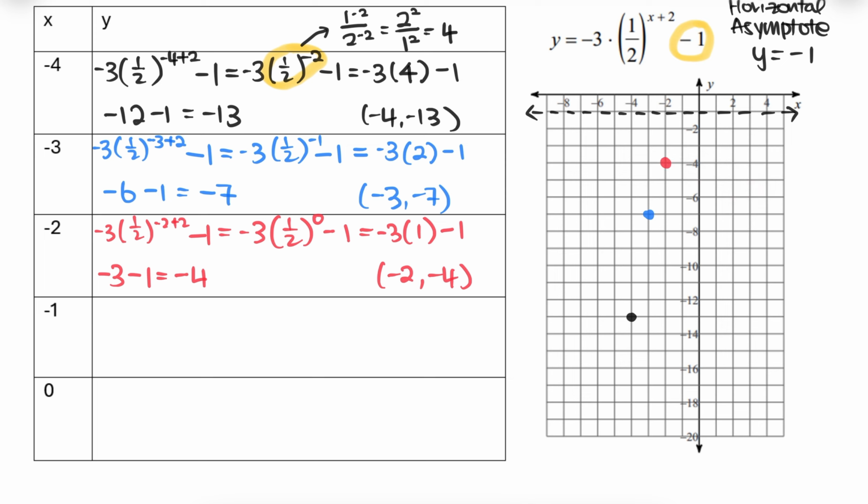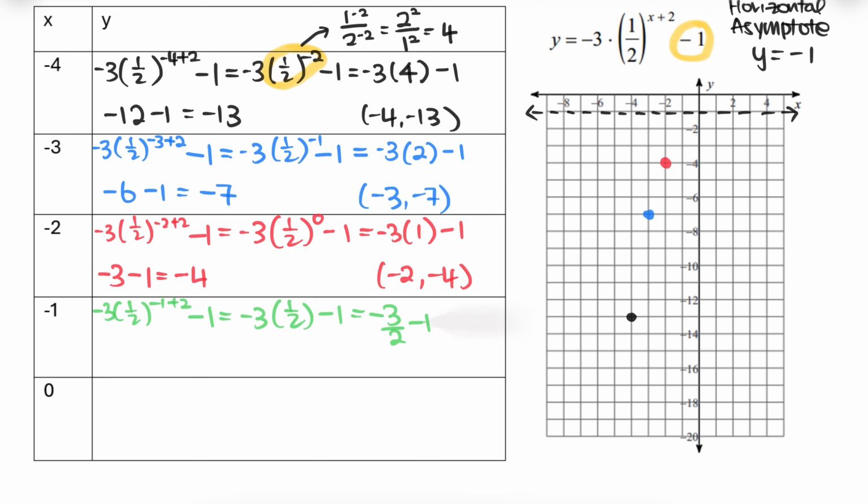Okay, for this one, we have -1. -3 times 1/2 to the -1 plus 2, minus 1. -3 times 1/2 to the first power is itself, minus 1. We have -3 over 2 minus 1. When you're adding or subtracting fractions, you need a common denominator. So your 1 here is going to turn into 2 over 2.